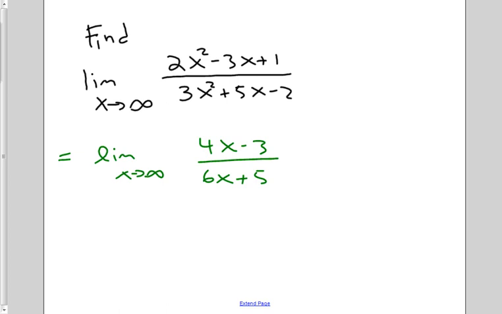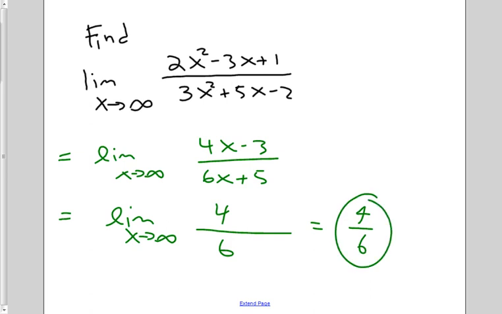If we were to use direct substitution, again, we get infinity over infinity. So we use L'Hopital's one more time. The limit as x approaches infinity, take the derivative, 4 over 6. The x's disappear. So now if I use direct substitution, this is just going to equal 4/6.